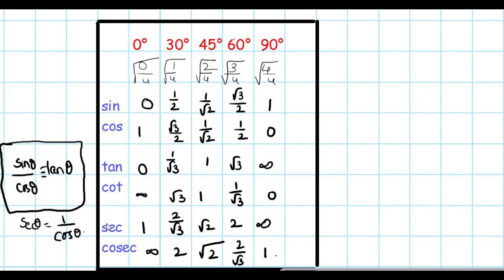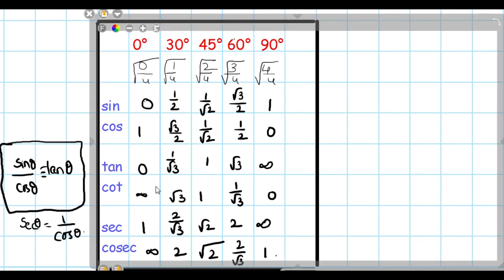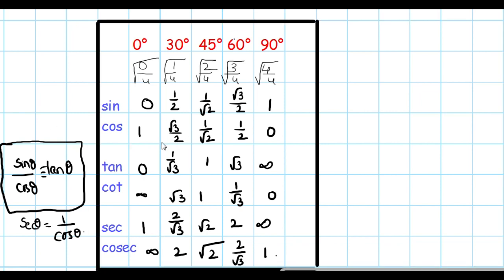Okay. Coming to the next one, that is secant. We know that secant theta is equal to 1 by cos theta. So, 1 upon 1 is 1, 1 upon root 3 by 2 is 2 by root 3. Just we are writing the reciprocal of it. Then 1 upon 1 by root 2 is root 2, 1 upon 1 by 2 is 2 and 1 upon 0 is infinity. 1 divided by 0 is infinity.